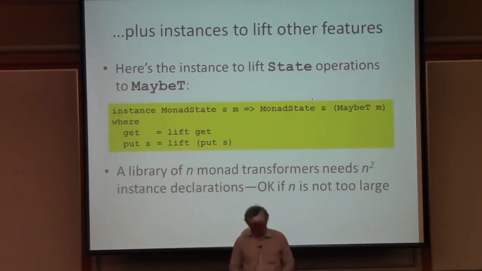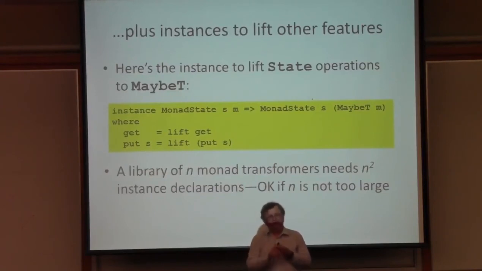Okay, so now I've shown you two monad transformers, and we can go on to define more and more of them. And you've seen what we need to write. For each monad transformer, we need to define the type. We need to write a monad transformer instance. We need to write an instance for the class that defines the features we're trying to add.